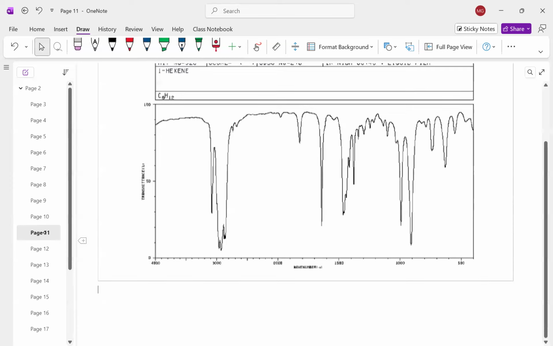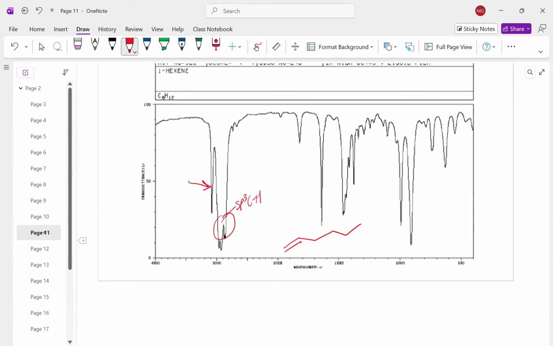All right, so how about alkenes? So there is hexane. Notice 1-hexene. Again, I'm going to start in my hydrogen region. There's that telltale sp3 carbon-hydrogen. But notice there's something new here that wasn't there on the previous page. Just past 3000 is going to be the sp2 carbon-hydrogen of the double bond.